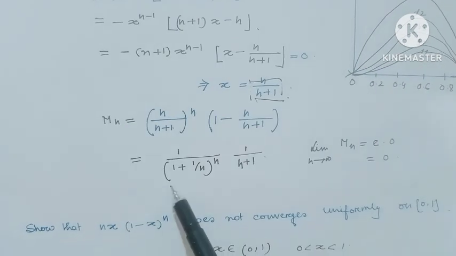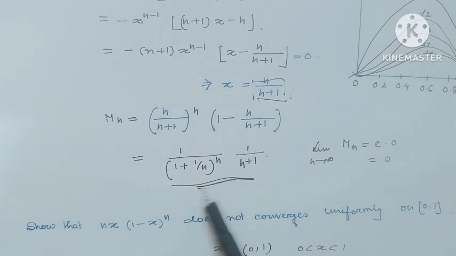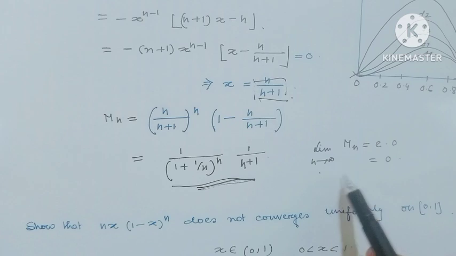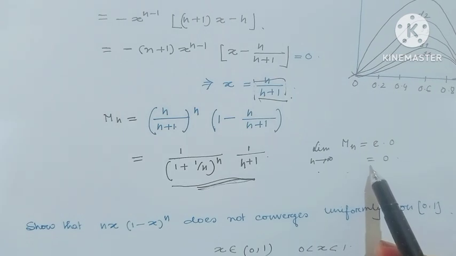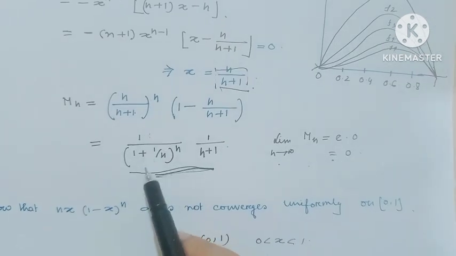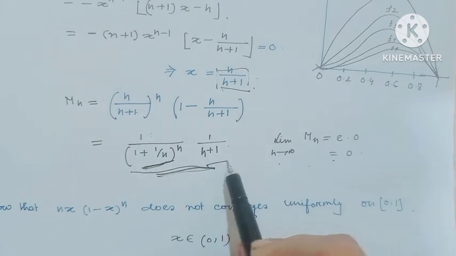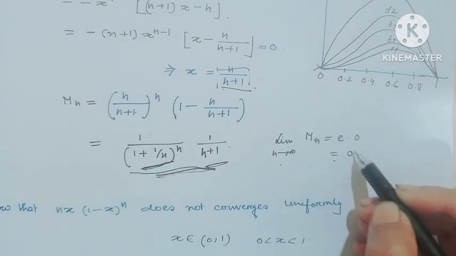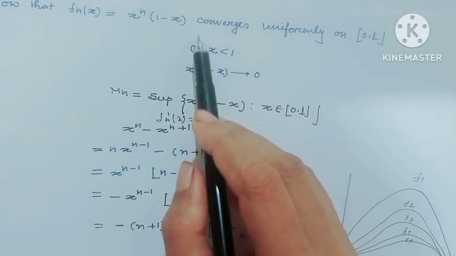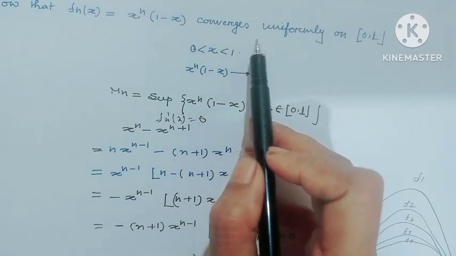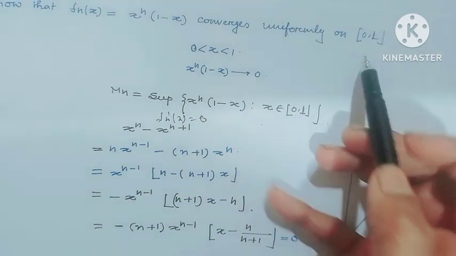Then I will get, this is the value of Mn. Apply limit on both sides, then this value, all of us know, is e, and this value would be 0. And e times 0 equals 0. That means since Mn tends to 0, this sequence of functions converges uniformly on the closed interval [0, 1].